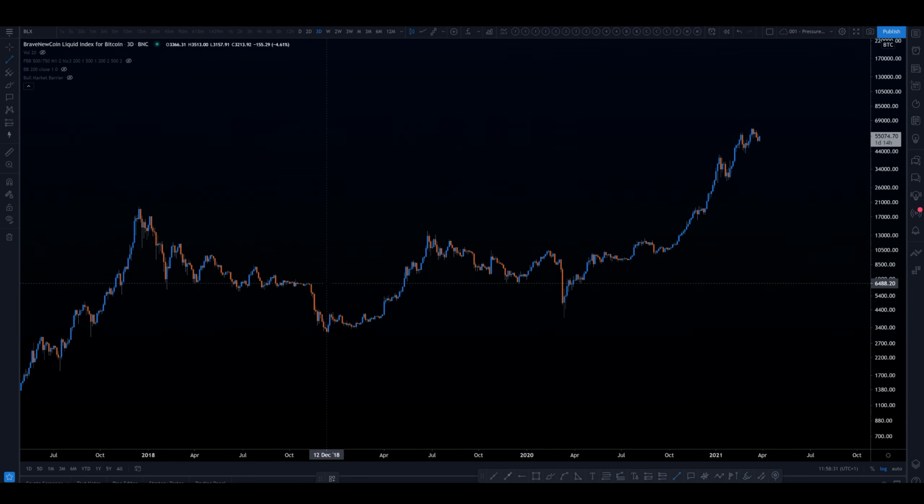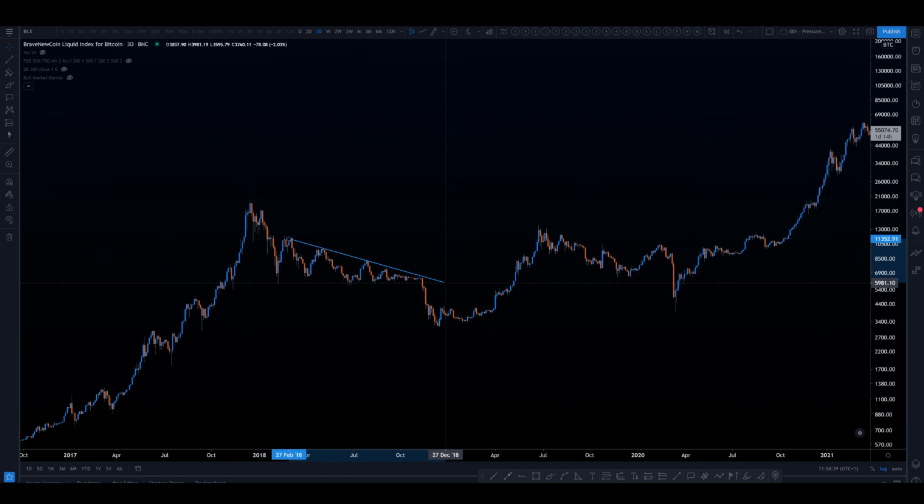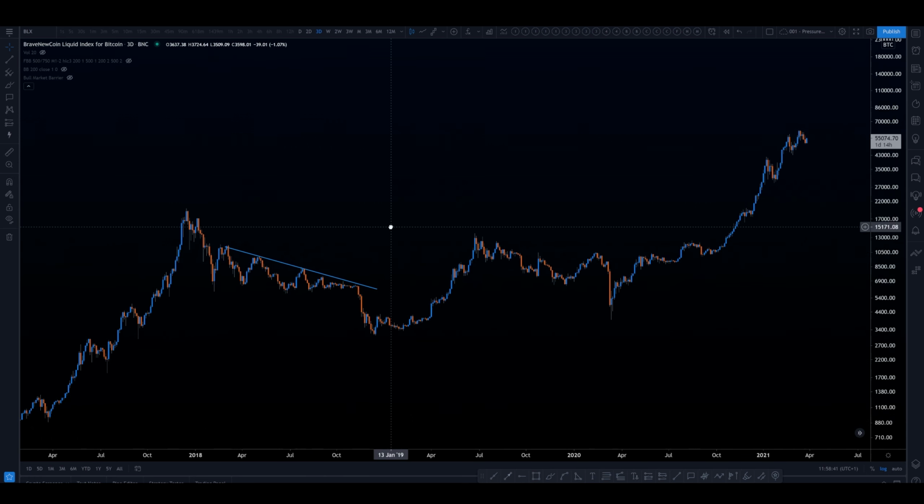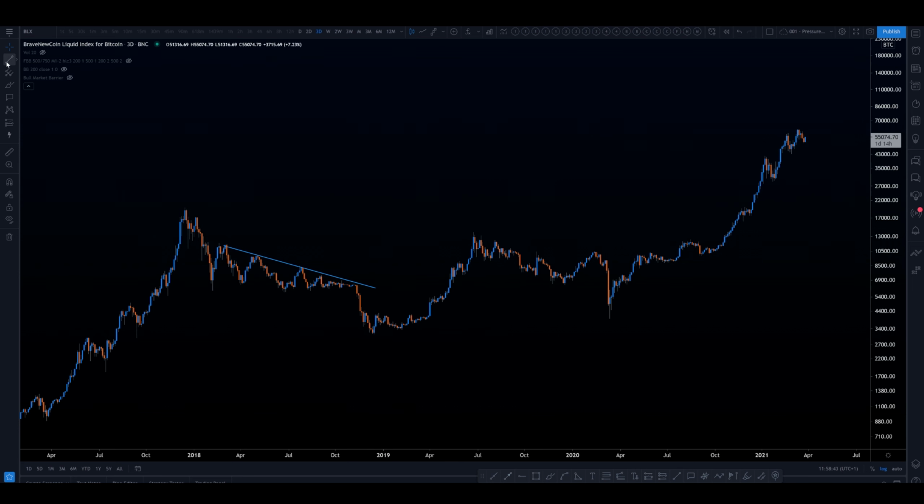I'm going to use this trend line here, this one, a very straightforward trend line, and I'm going to use a level.